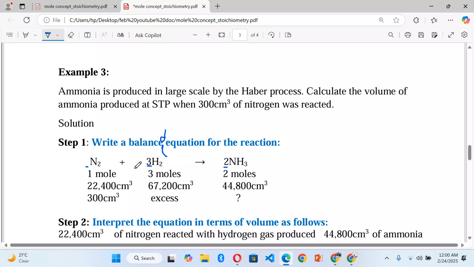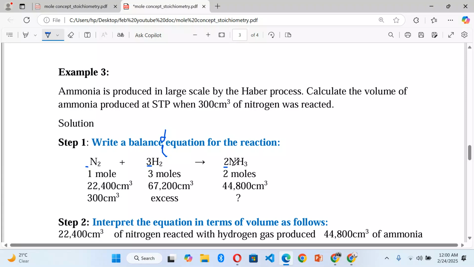So, these coefficients are the ones we call stoichiometric coefficients. The stoichiometric coefficient of nitrogen is 1, for hydrogen is 3, and the coefficient of ammonia is 2. So, when interpreting in terms of moles, we have to say 1 mole of nitrogen reacted with 3 moles of hydrogen to produce 2 moles of ammonia.